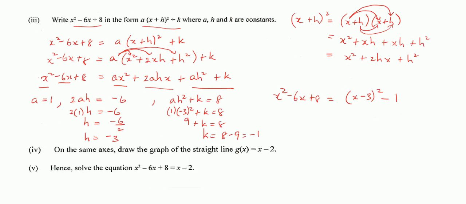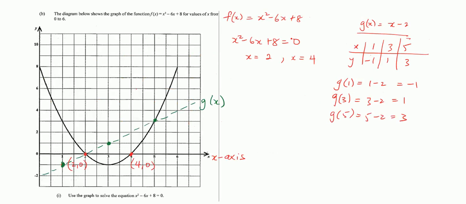So what's the last part here? They said hence solve the equation x squared minus 6x plus 8 is equal to x minus 2. Let's talk a little bit about this. When students see this, they might get confused and be like, okay, what do we do here?